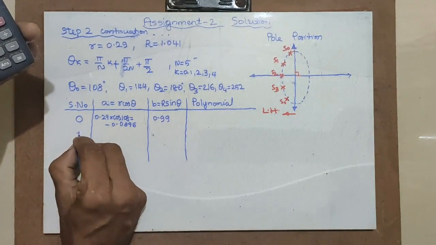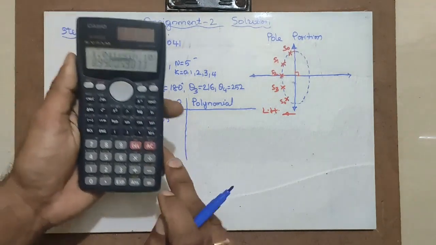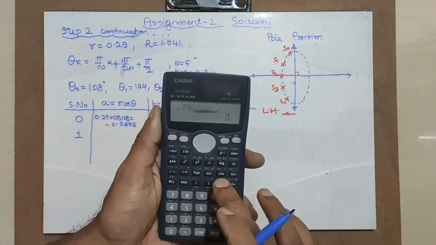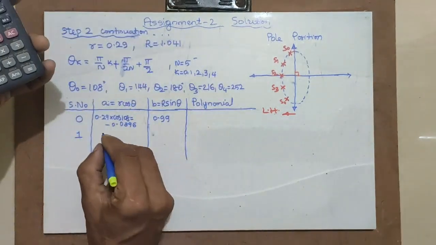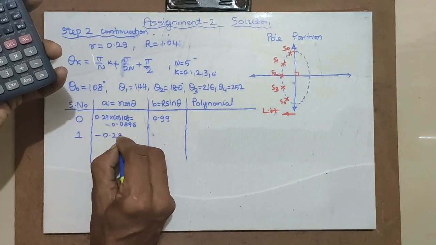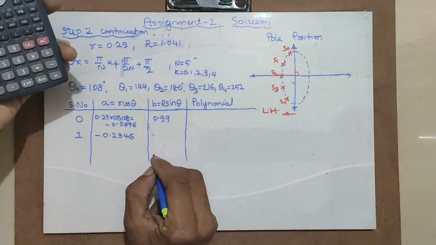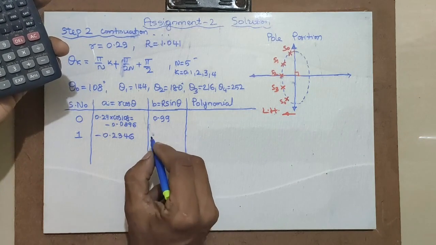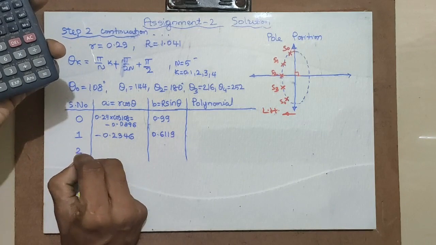Similarly, next value, theta 1 is 144. That is 0.29 into cos 144, minus 0.2346. Same thing, 1.0141 into sin 144. The value is 0.6119. Next, the second.